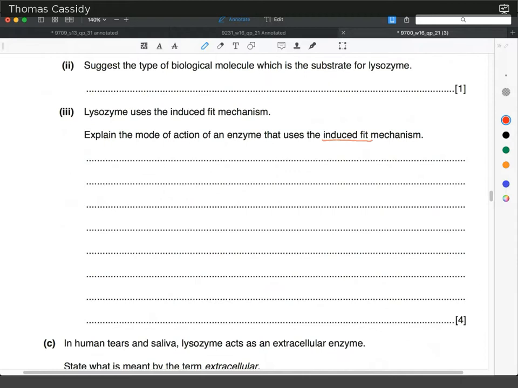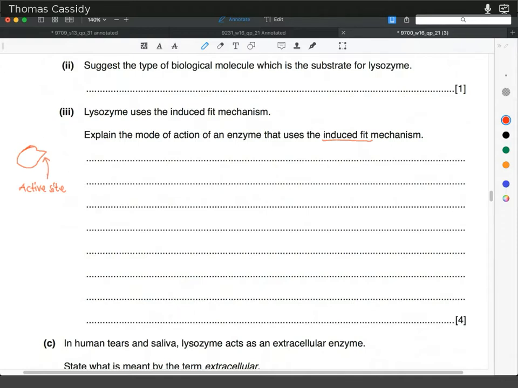So if we start with our enzyme, in this case lysozyme, we'll say it looks a little something like this. This sticky out bit here probably looks a lot better under a microscope, but this part is called the active site. And this is the part of the enzyme that's actually doing the work.